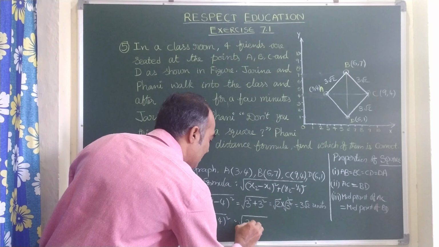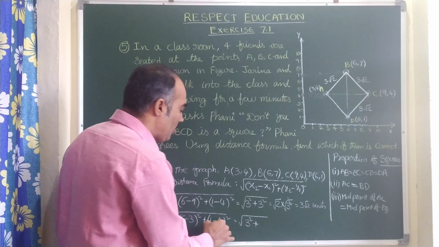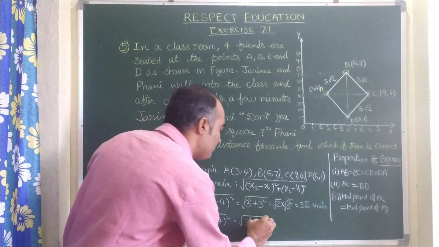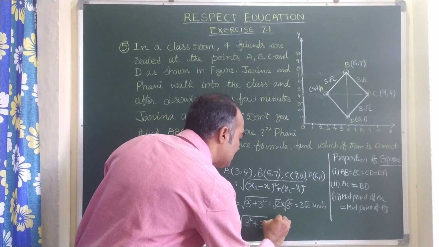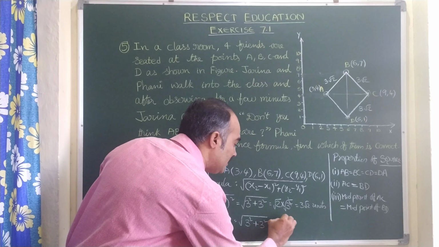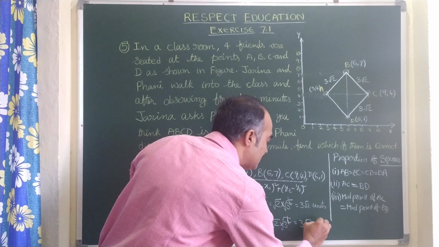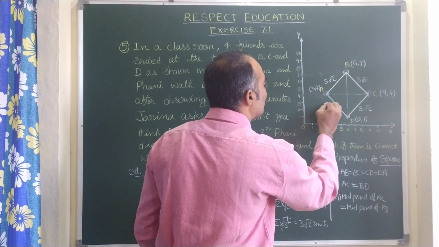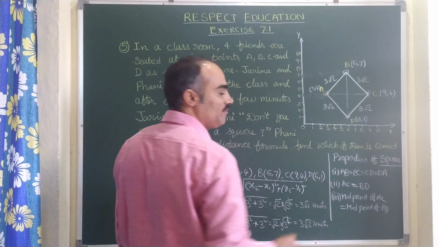So it is 3 square plus 1 minus 4 is minus 3. Minus 3 whole square can be written as 3 square. So 3 square plus 3 square, again 2 times 3 square. Let us split the square root. Square and root get cancelled here. So this 3 comes first. It is 3 root 2 units. So DA also we got 3 root 2 units.